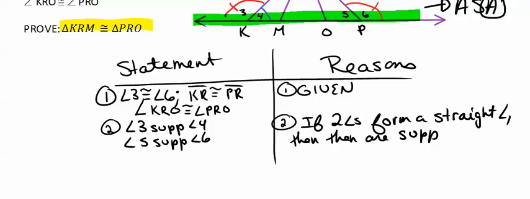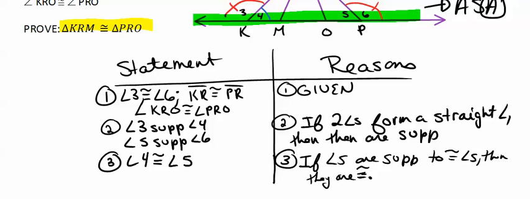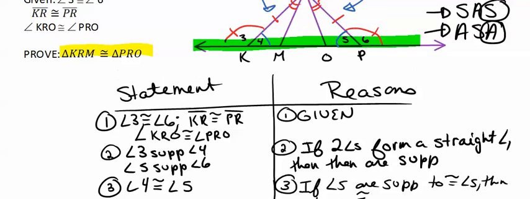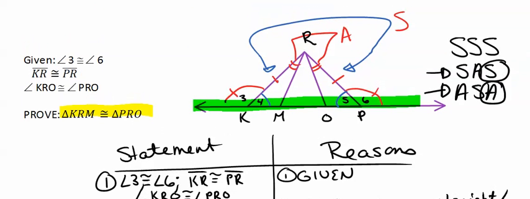Since we now just supported that they are supplementary, and we know that one of the supplementary angles are congruent, we can then go to the conclusion that angle 4 is congruent to angle 5. And the reason, if angles are supplementary to congruent angles, then they are congruent. So we have angle 4 congruent to angle 5.